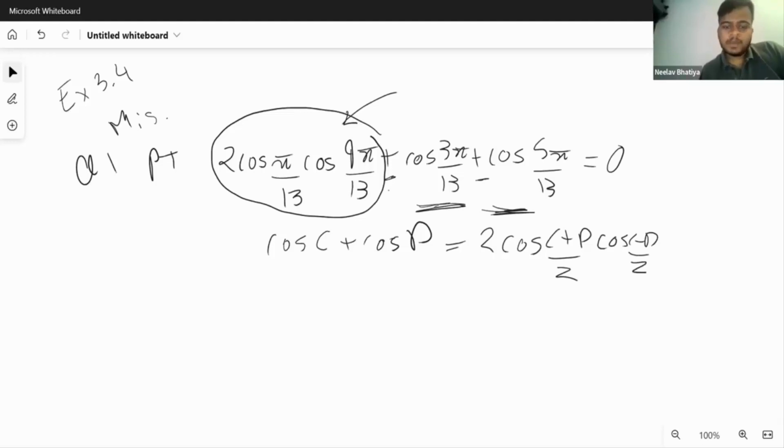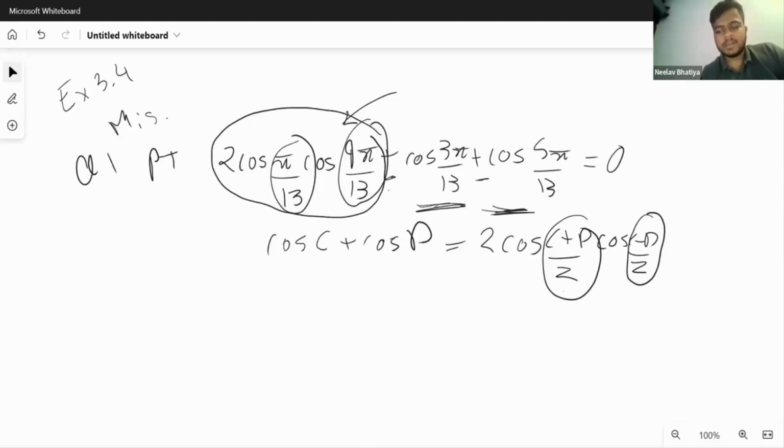Correct. Now, assume (C plus D) by 2 to be pi by 13 and (C minus D) by 2 to be 9 pi by 13, or the converse, right? Because 9 pi by 13 is actually bigger than pi by 13. So assume (C plus D) by 2 to be 9 pi by 13 and (C minus D) by 2 to be pi by 13. Correct.